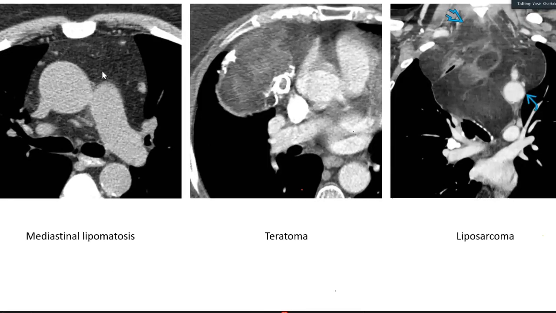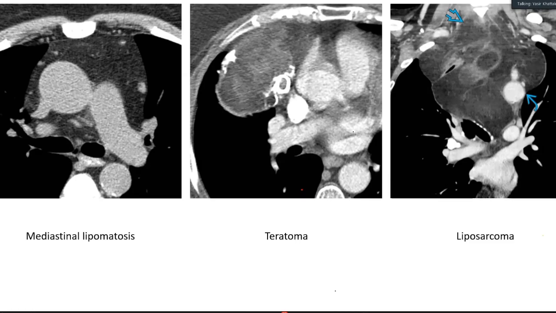This is a case of mediastinal lipomatosis. This is a case of teratoma. You see calcification and fatty components. Liposarcoma can also be seen as an anterior mediastinal mass, but that is more aggressive looking, and it will have local invasion and lymphadenopathy and metastasis and stuff like that.